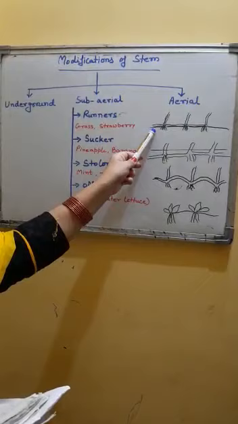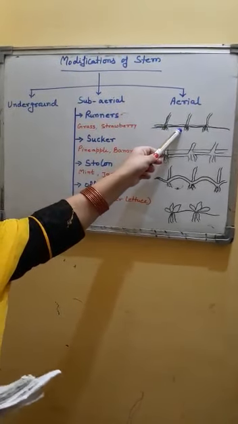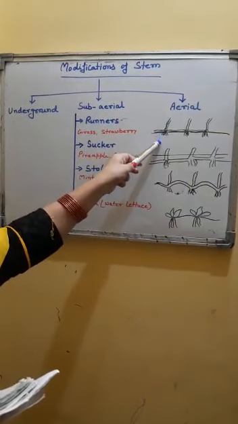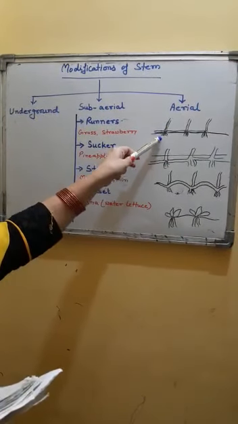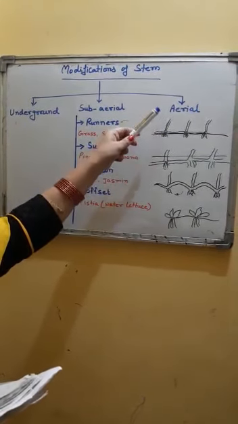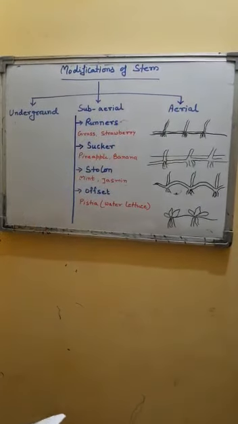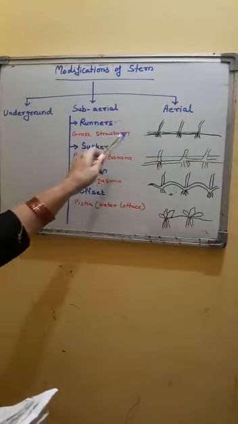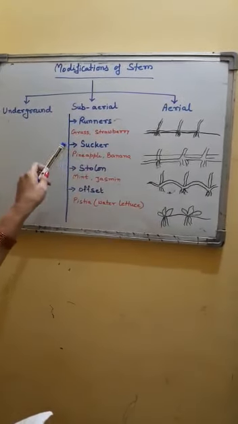It creeps above the ground, and with each node the roots develop inside the soil and the stem above the ground. Examples are grass and strawberry. These are the examples of runners.